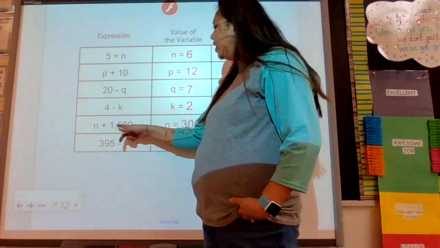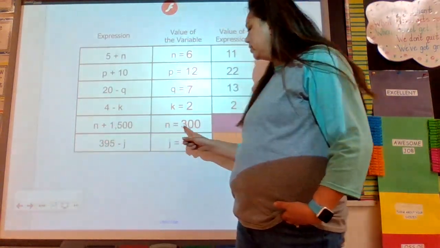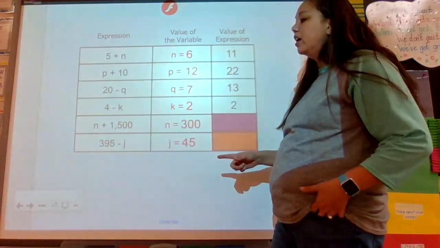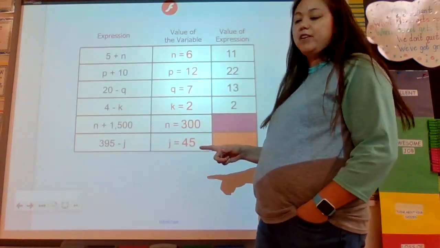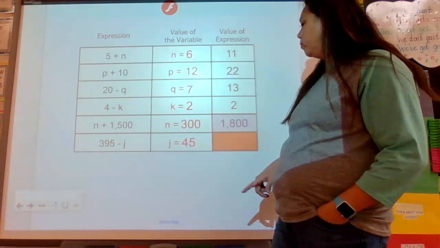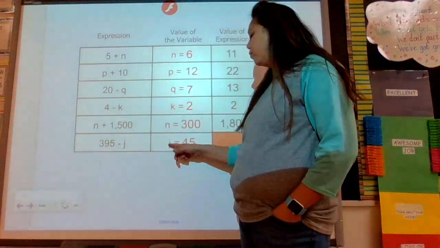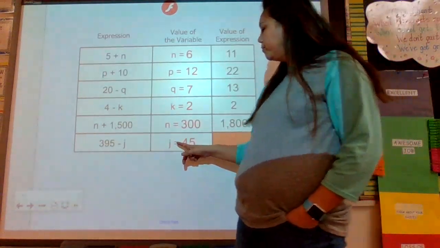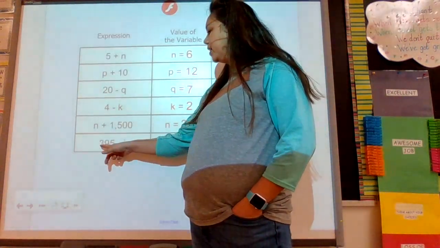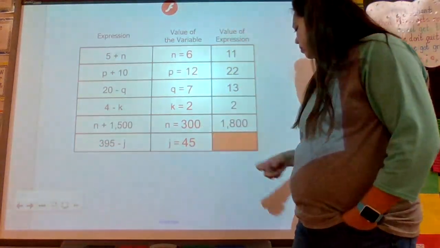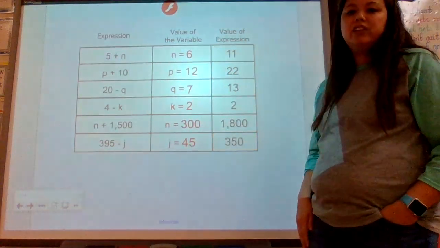If I put 300 in for N, because I got my 300 here, and I added 1,500 to it, hopefully we get 1,800. And if we put 45 in for J, that makes 395 minus 45, which is going to give us 350.